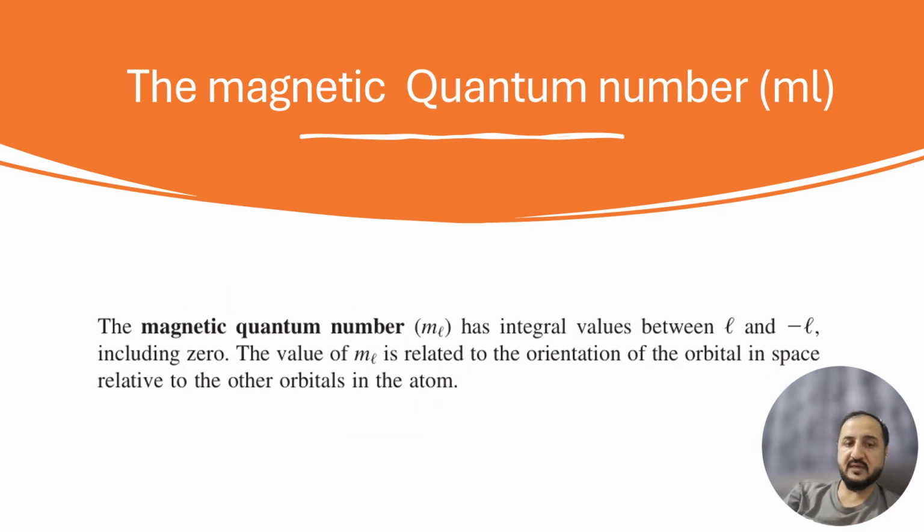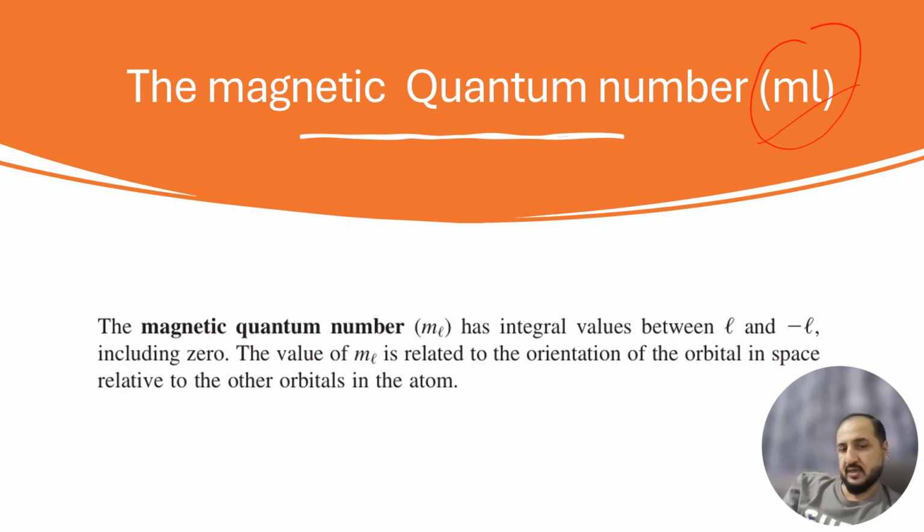Let us move towards the magnetic quantum number. It is represented with ml. The magnetic quantum number has integral values between positive L and negative L, including 0. The value of ml is related to the orientation of the orbital in space relative to other orbitals in the atom.